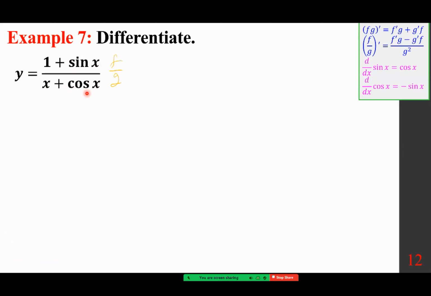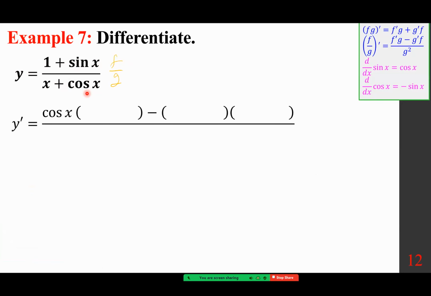And now we want y prime. And so we start with f prime. The derivative of the top is cosine times g. Just put this in the parentheses here. Then we want g prime. So the derivative of the bottom is 1 minus sine x, because the derivative of cosine is negative sine.